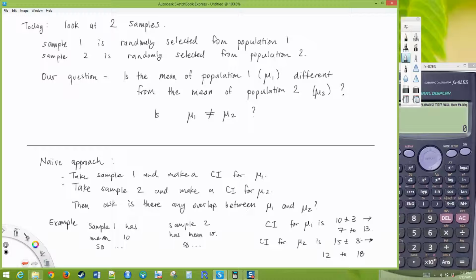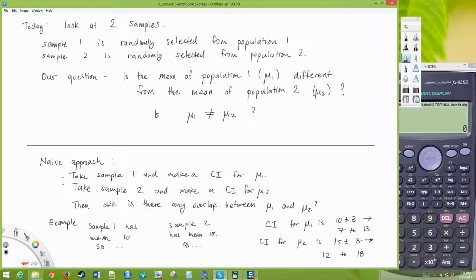Right? Okay, and this is the naive approach, and it turns out that if you do things this way, it is an almost overly cautious method. If sample 1 has a mean of 10 and sample 2 has a mean of 15, mu1 and mu2 are almost certainly going to be different.